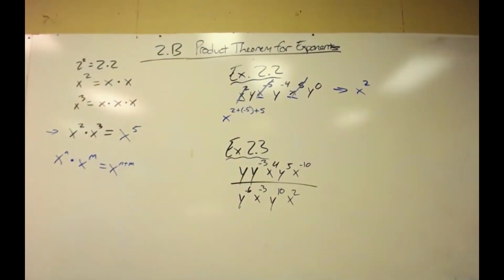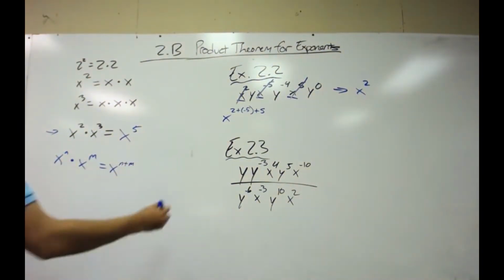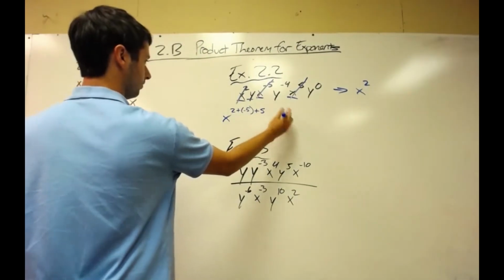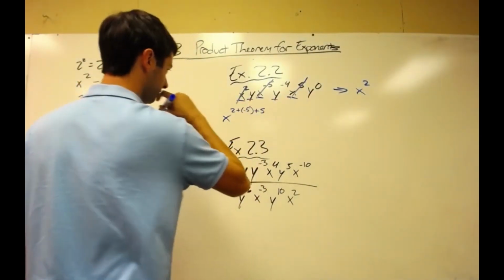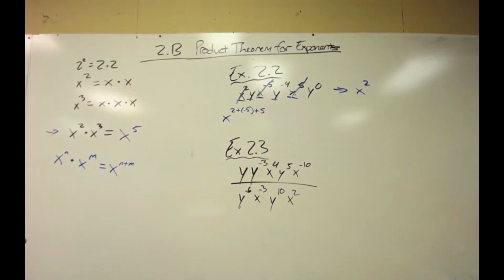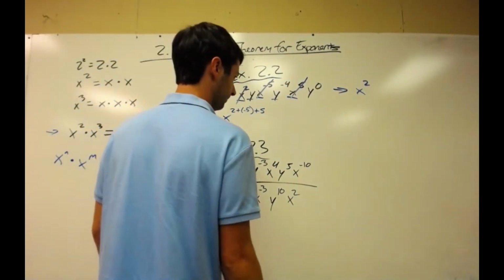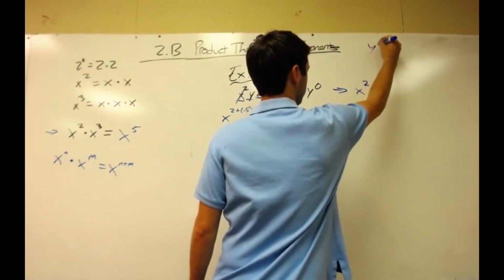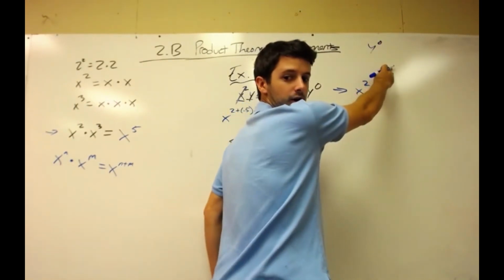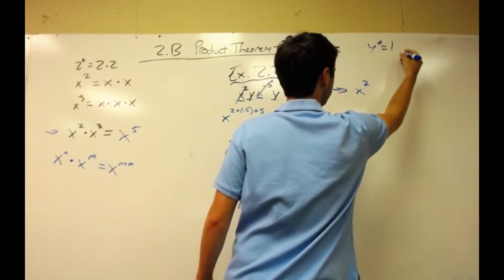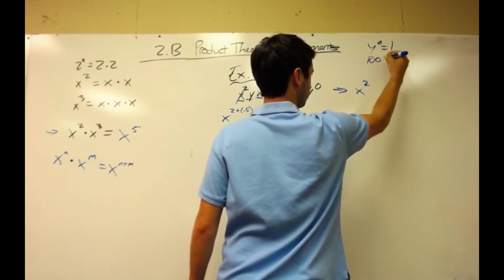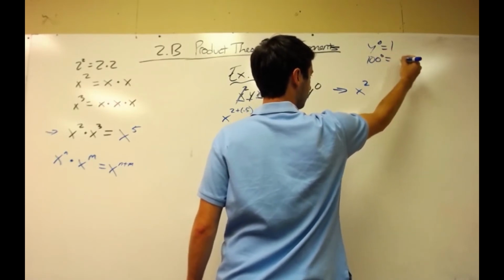Now we're left with the y values. We have y on its own, y to the negative fourth, and y to the 0 power. When anything is to the 0 power, that equals 1. I'll show you up here, y to the 0 power equals 1. If I had 100 to the 0 power, that equals 1.